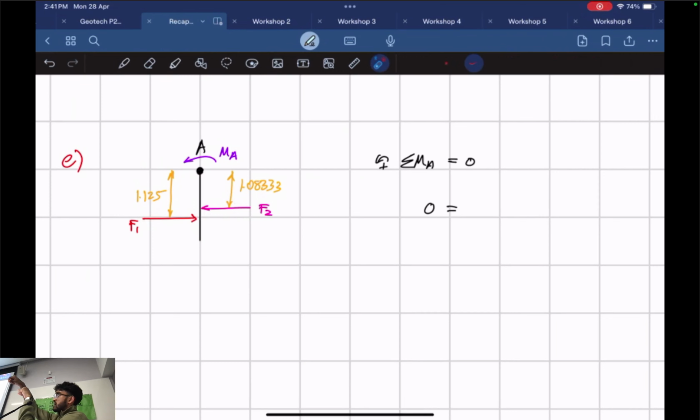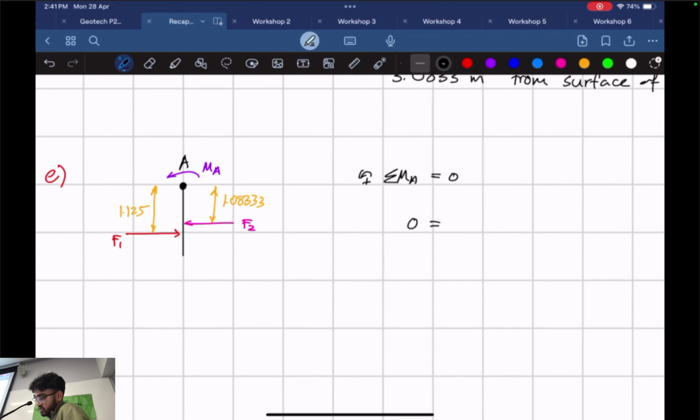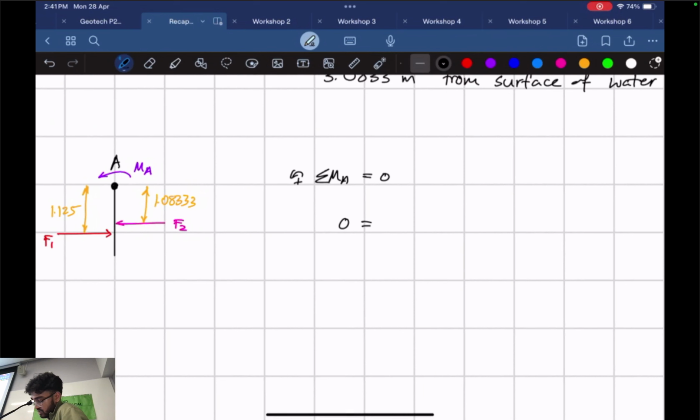If the force was acting the other way, it's going to move the other way. So the first force I'm going to take is F1, and I take it as positive because it's acting counterclockwise. So this is F1 times our lever arm, which is 1.125.